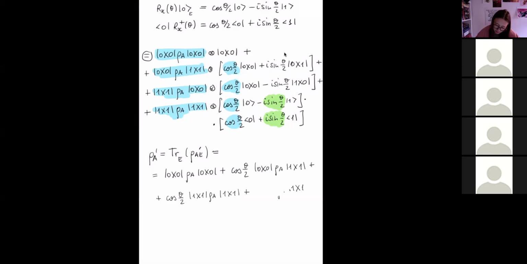Actually, let me write it down explicitly. So here we would have 1, 1 rho A, 1, 1. And then we would have cosine squared of theta over 2 plus sine squared of theta over 2, because here we would have minus I sine theta over 2 times plus I sine theta over 2, which would give us plus sine squared theta over 2. And this is 1. So essentially it just goes away.